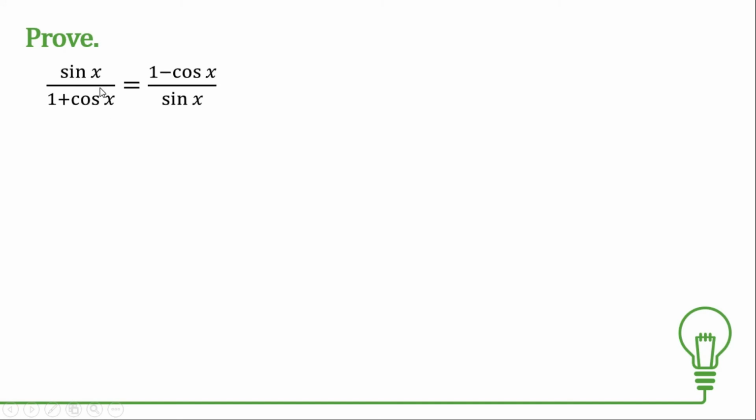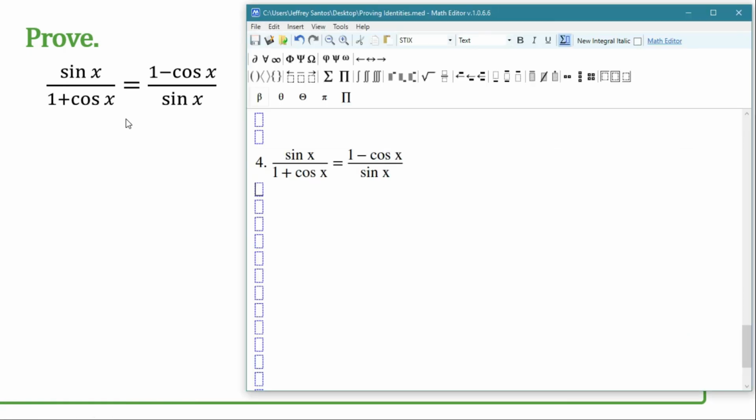So what we're going to do is to multiply the left hand with the conjugate of its denominator. So, ang gagalawin naman po natin dito is the left hand. Multiplying the left hand by the conjugate, which is 1 minus the cosine of x.